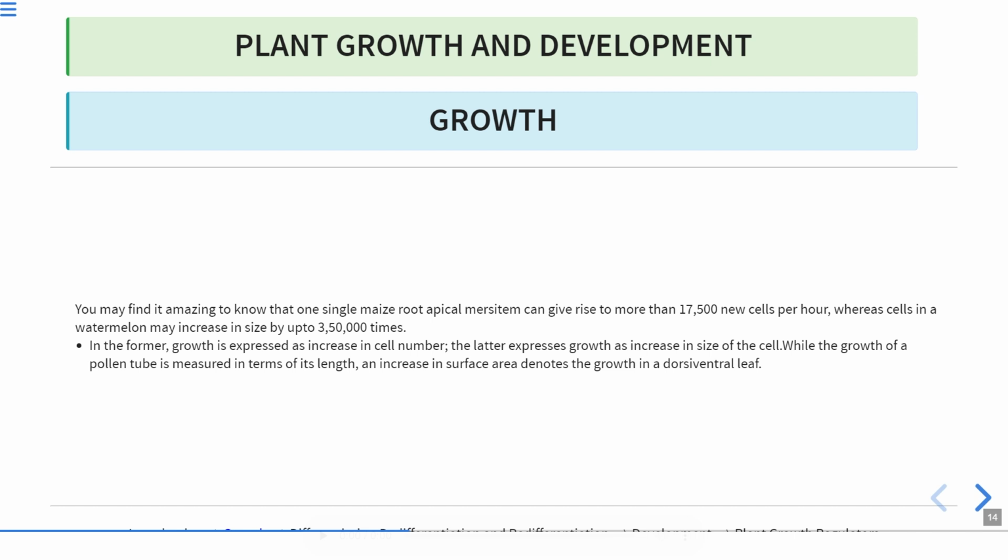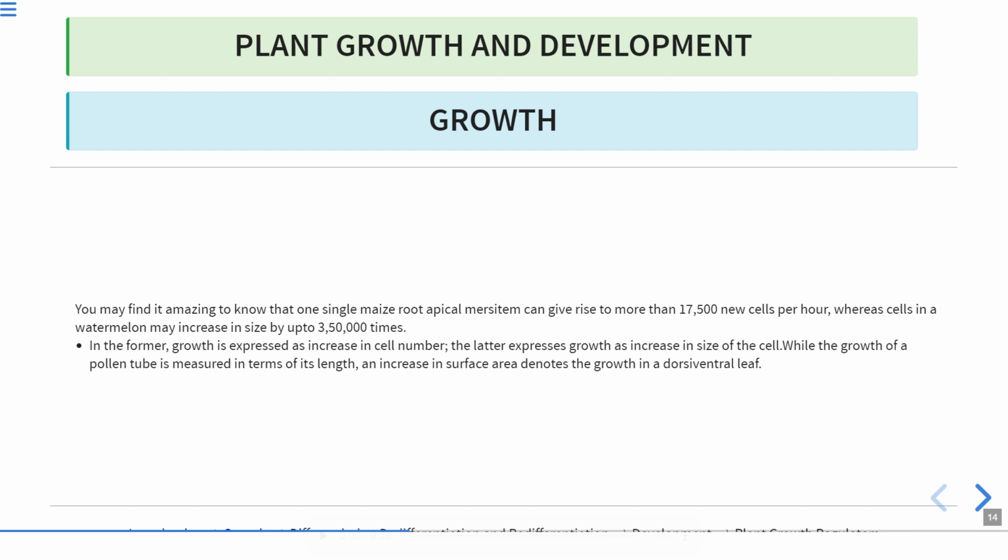Okay, and an increase in the surface area denotes the growth of a dorsiventral leaf. This we have already discussed in the activity I told you: if a new leaf is emerging, you can place it on a graph paper and take the area. Say the leaf has emerged in an initial condition, right? Now, what do you have to do? After a week, you see that the size of the leaf has increased.